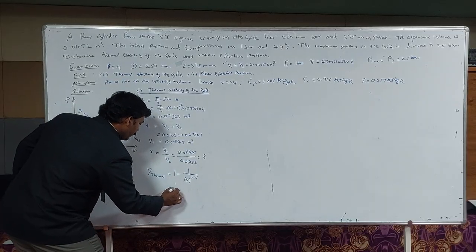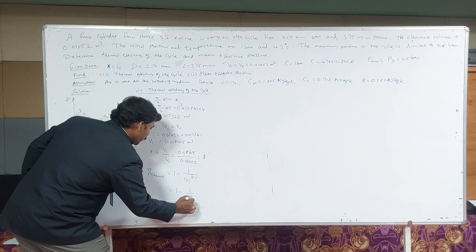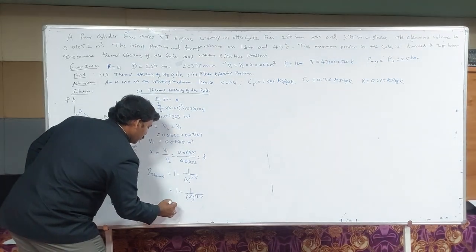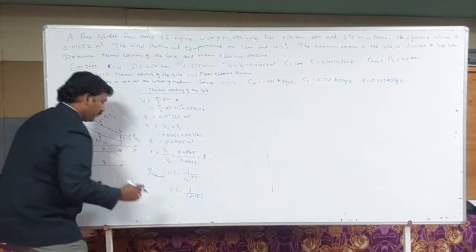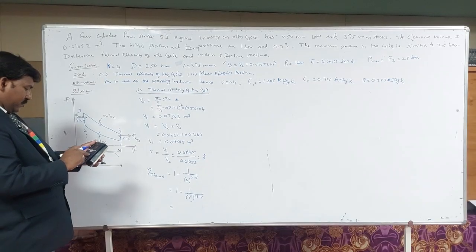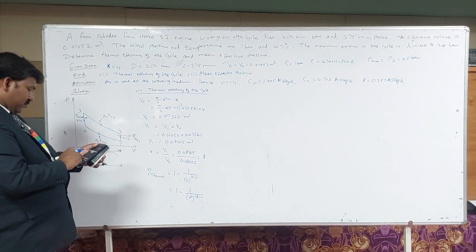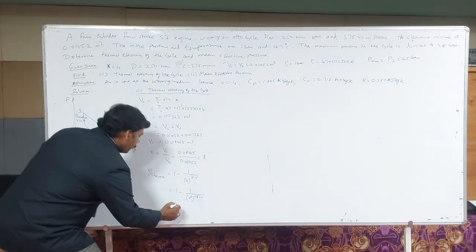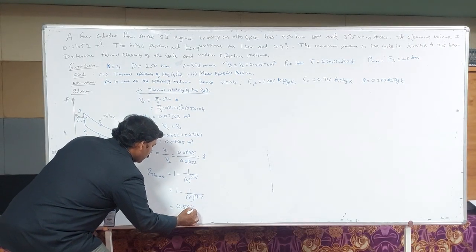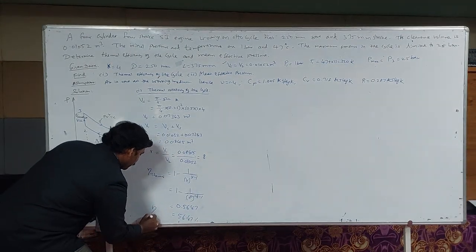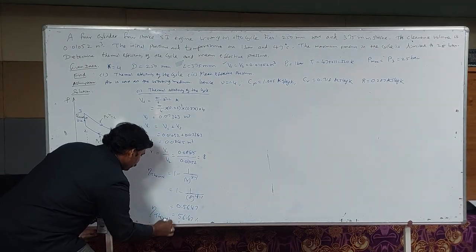So we know the compression ratio is 8, so 1 by 8 power 1.4 minus 1, that is 8 power 0.4, which is 56.5647, that is, 56.47% is the thermal efficiency.